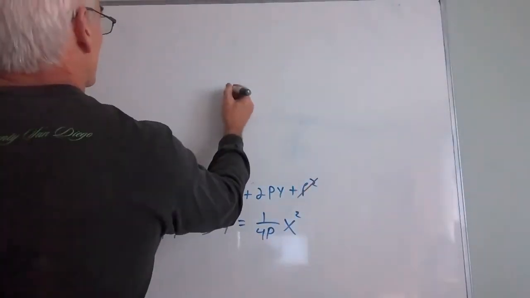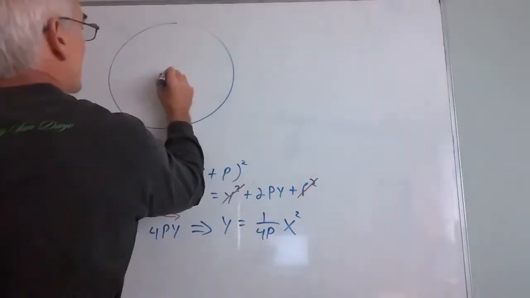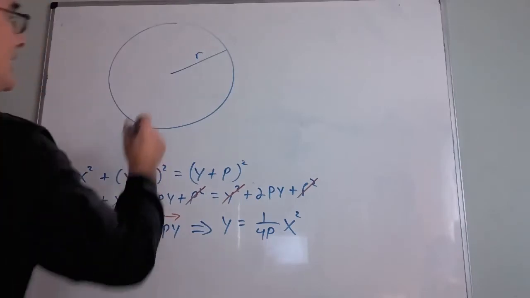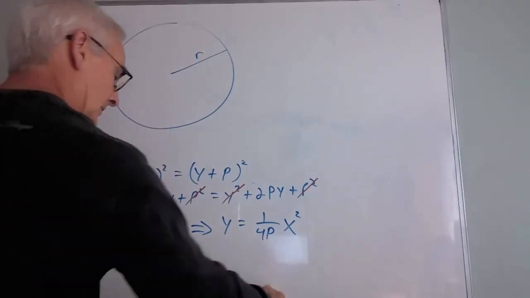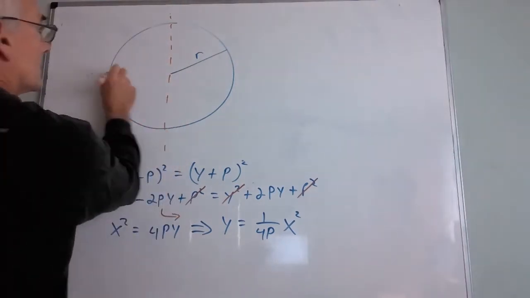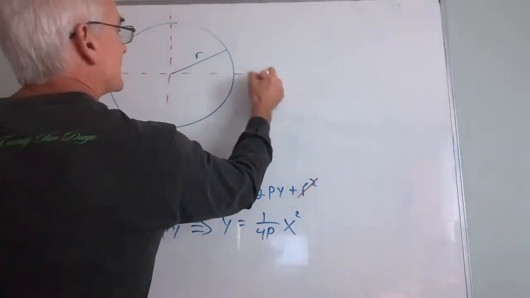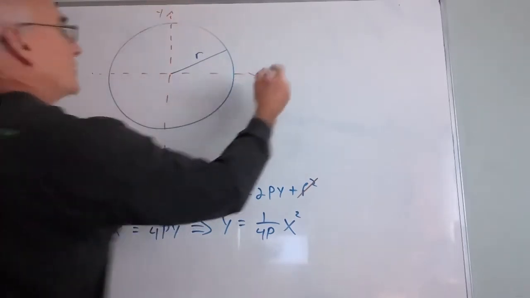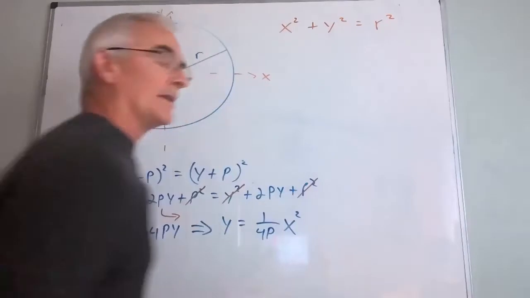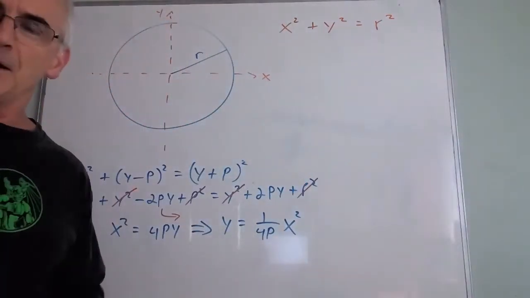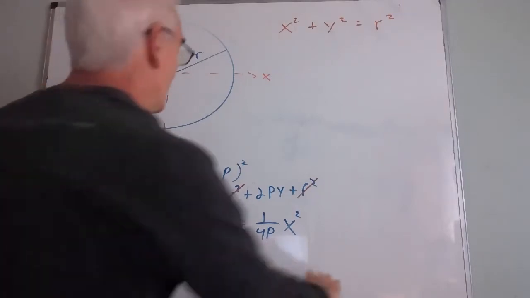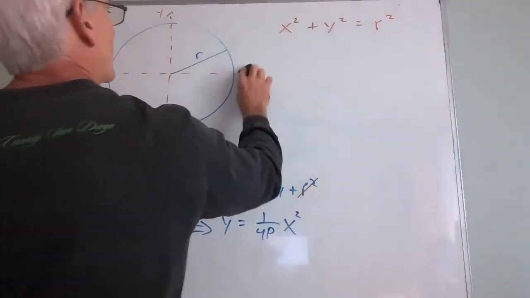If I have a circle of radius r, and this is the x and y axes, we know the equation of this circle is x squared plus y squared equals r squared. We all know that, right? That's baby algebra. But what if I said, no, I don't want the center of the circle to be at the origin. I want the center of the circle to be somewhere else.